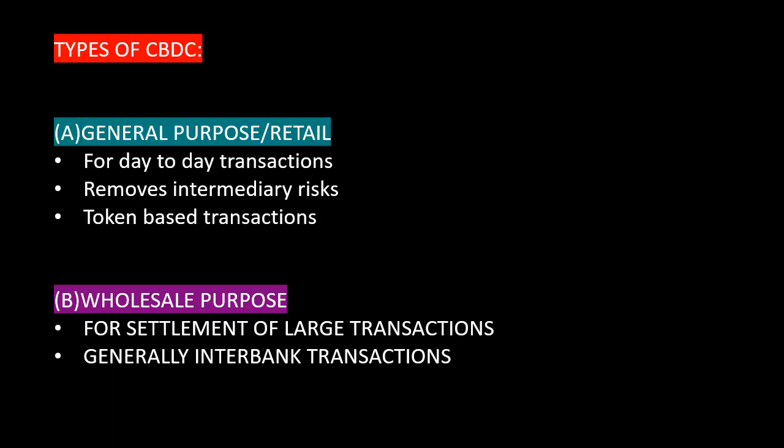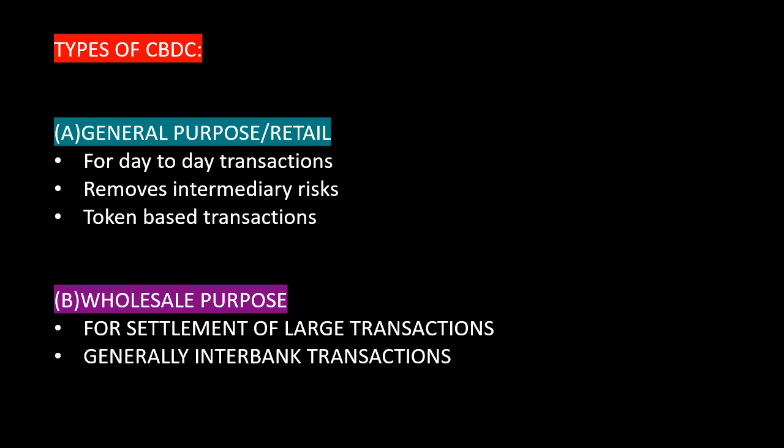So now we will discuss what are the types of central bank digital currencies. RBI has classified central bank digital currency into two types. What are those types? Those types are general purpose retail and the second one is wholesale purpose. So general purpose retail is mainly for day-to-day transactions.